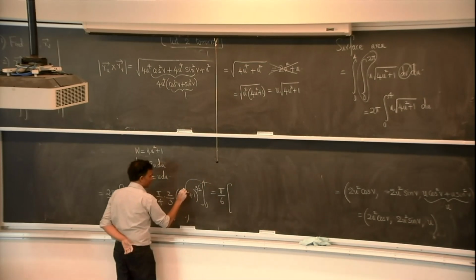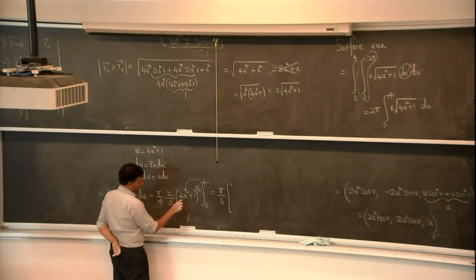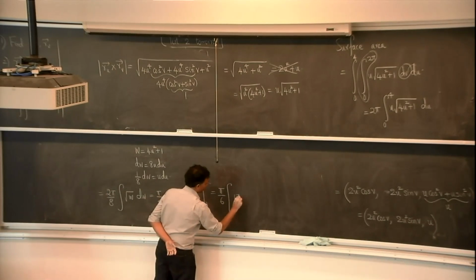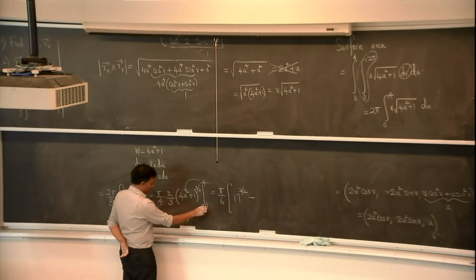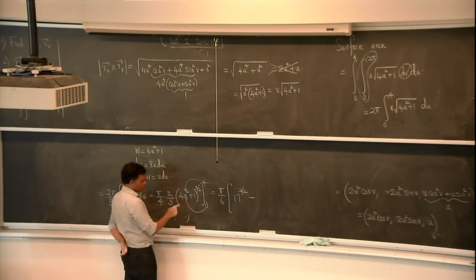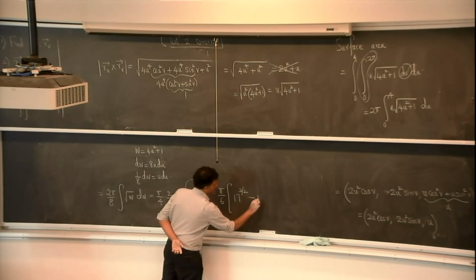times, plug in the 4, that's going to be 16 plus 1, 17 to the power of 3 half, which I'm not interested in knowing what it is. Minus, when you plug in 0 here, that's not a 0, okay, minus 1 to the power of 3 half.